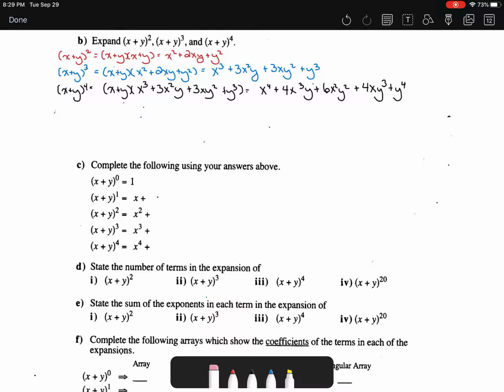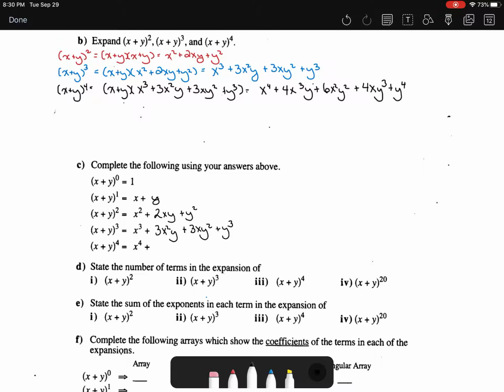When I do that, you'll see that they have x plus y to the exponent of 0 done for me. That's 1. X plus y to the exponent of 1 is just x plus y. X plus y squared was x squared plus 2xy plus y squared. Then I had for x plus y cubed, x cubed plus 3x squared y plus 3xy squared plus y cubed.